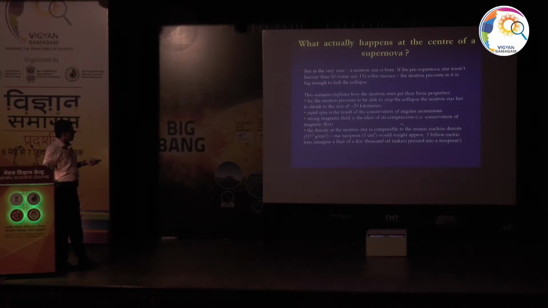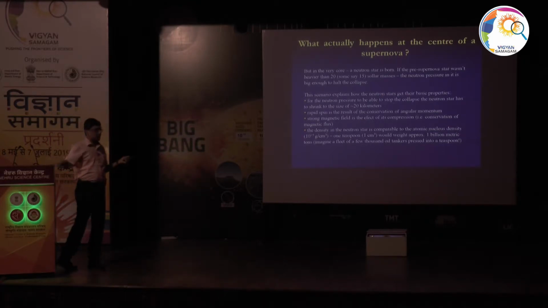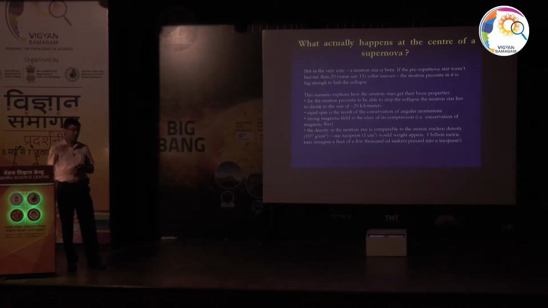Okay, now what happens is, in that process, that core of a star gets compressed to a size which is of the order of 10 to 20 kilometers. But the amount of matter in that core is still about the total mass of the sun, which is many thousands of times more than the mass of the earth, for example.